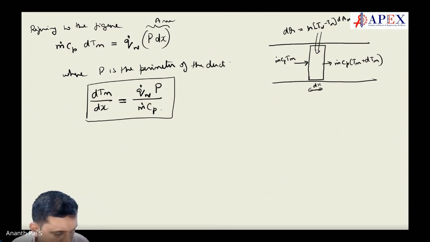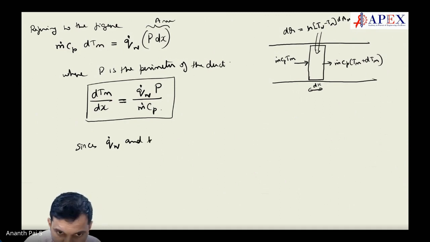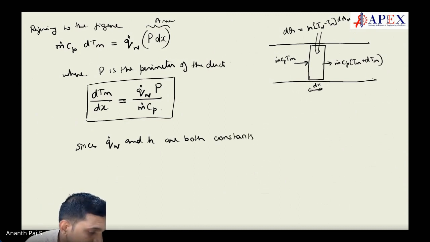You can number accordingly whatever you want. Okay? Now, since Q dot wall and H are both constants, differentiating, I will put the numbers here.